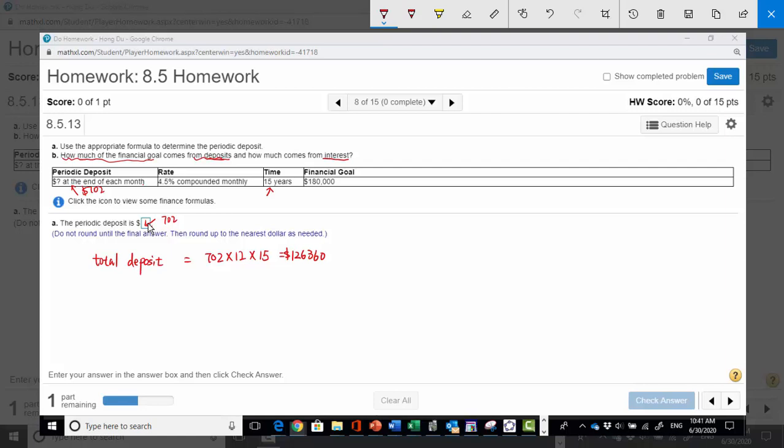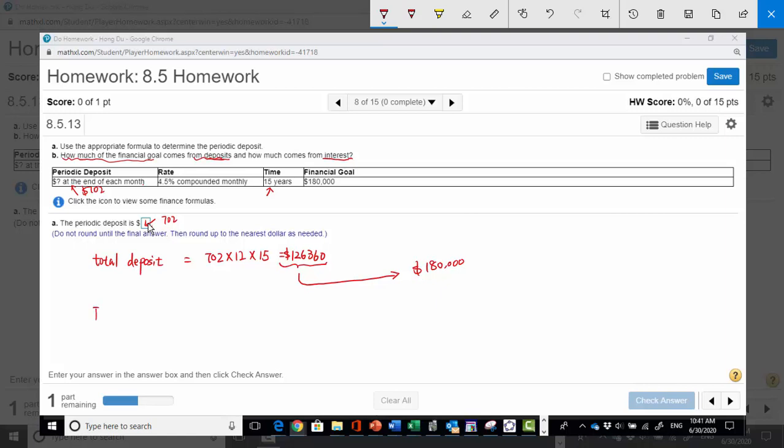Now let's look at the interest. As you can see, this total deposit is basically the investment, and this amount of money grows in these 15 years. At the end of 15 years, remember, it turned into $180,000, and the difference is the interest earned.